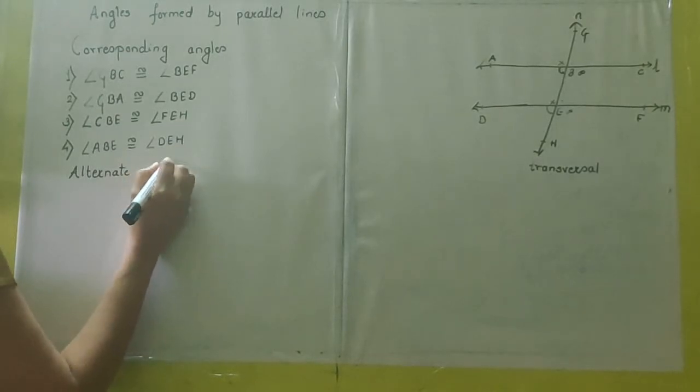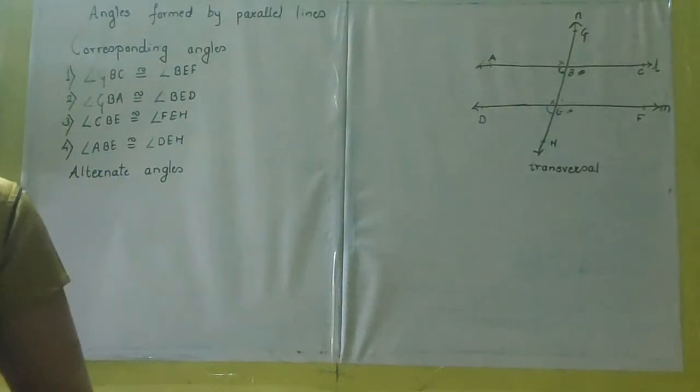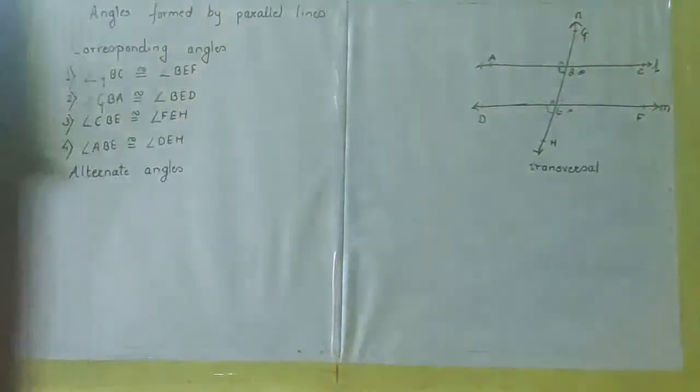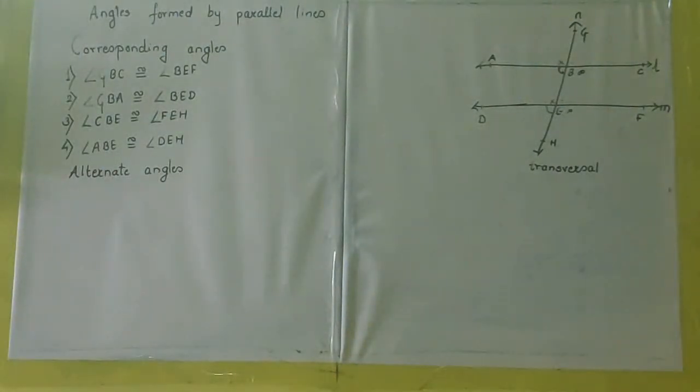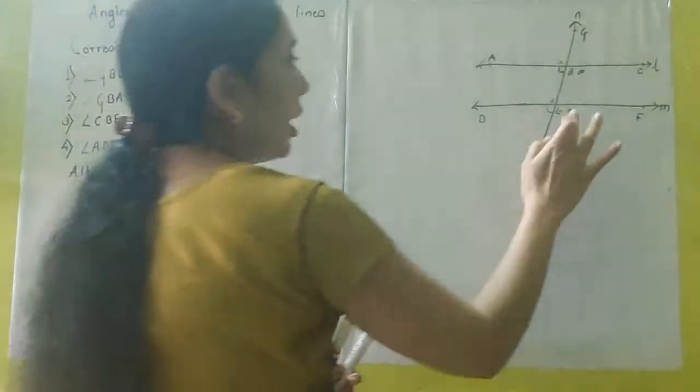These are alternate angles. I'll use one more pen, a different color pen. Now in case of alternate angles, I'll wipe out the signs.